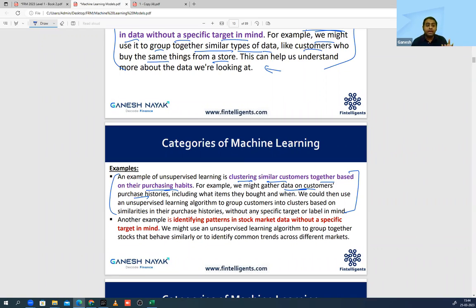And that is why CRED is so huge, because it has the information of your purchases. The information of what you swipe on your credit card is with them. So if I want to cluster similar customers on the basis of their purchase habit, I cannot use supervised. I'll have to use unsupervised learning, because it can find patterns between the customers, their purchase behavior, their spending behavior, and I can create clusters. So that is one example.